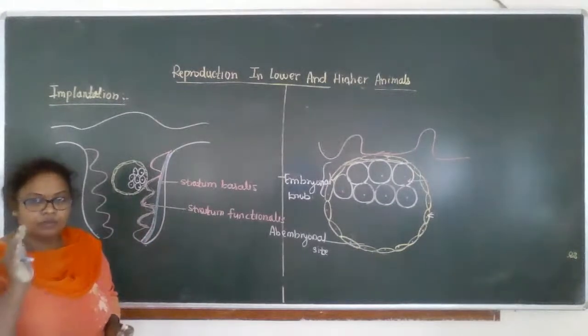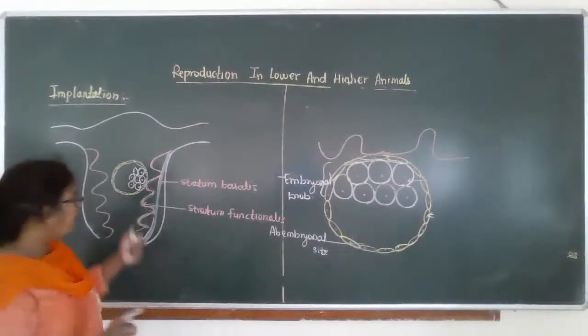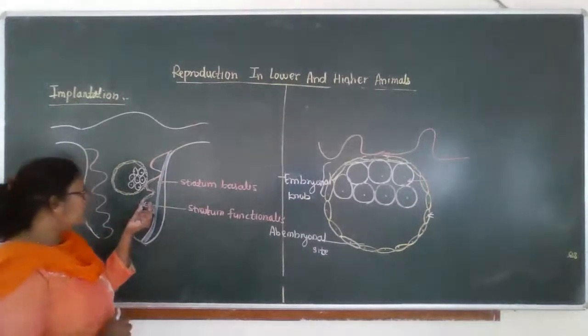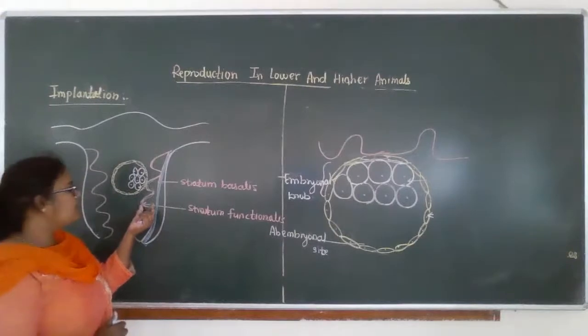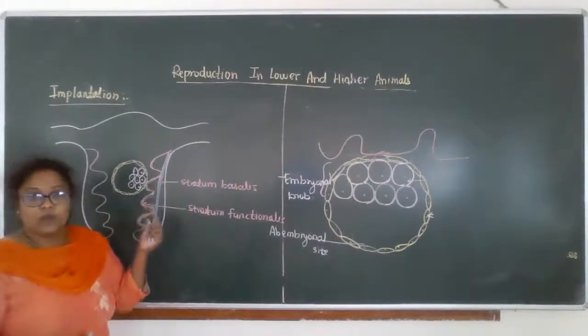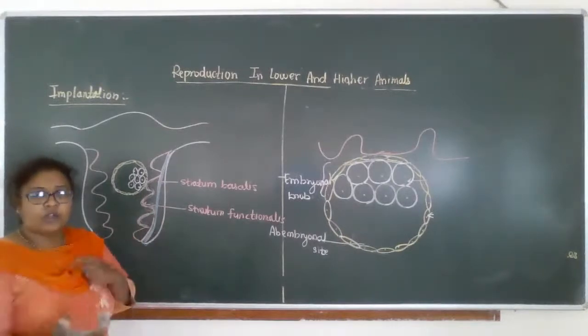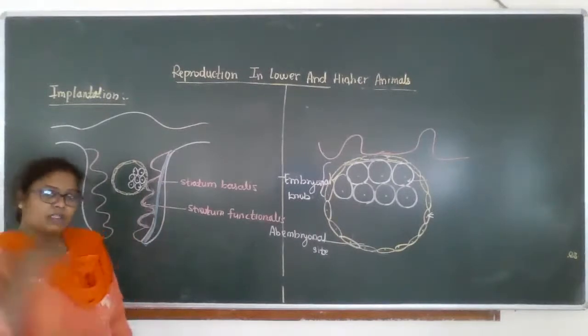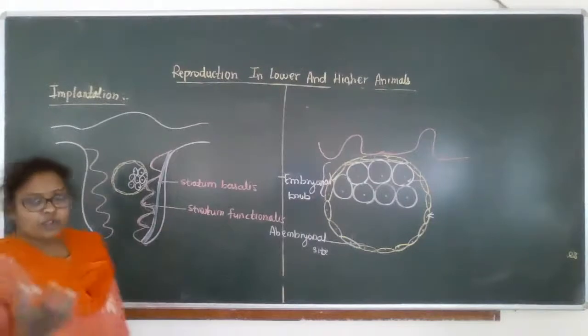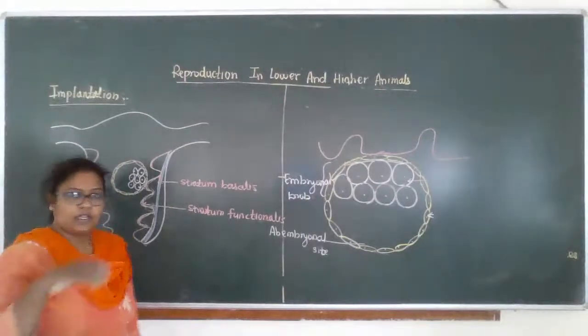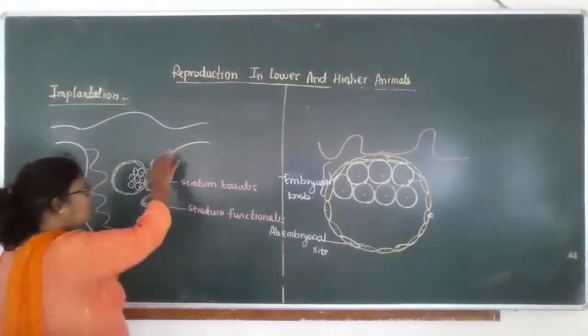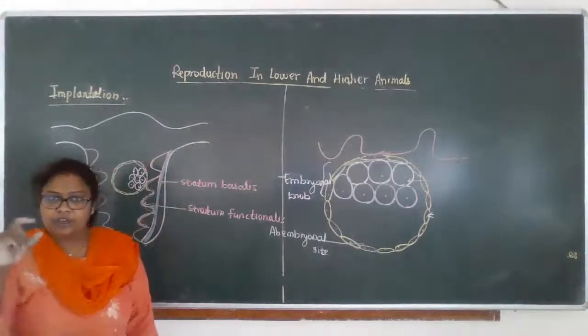Mind, especially note: the stratum functionalis is the functional layer which gets developed when the progesterone level increases from the corpus luteum. The corpus luteum secretes progesterone, and along with the estrogen, it brings about the thickening of the endometrium.